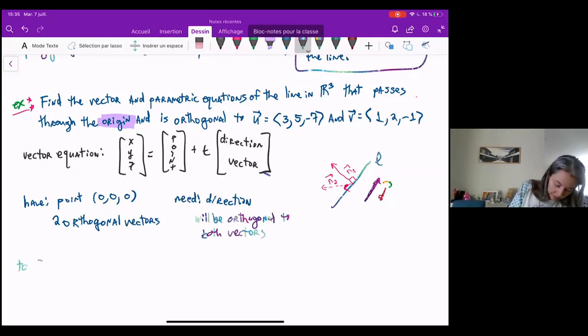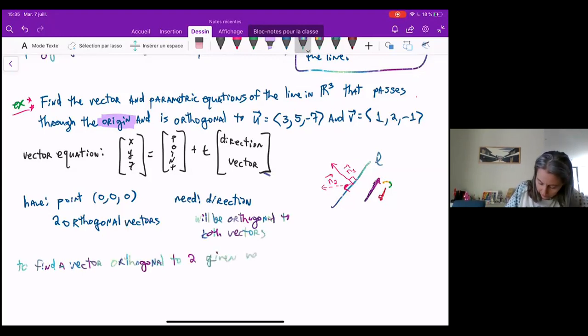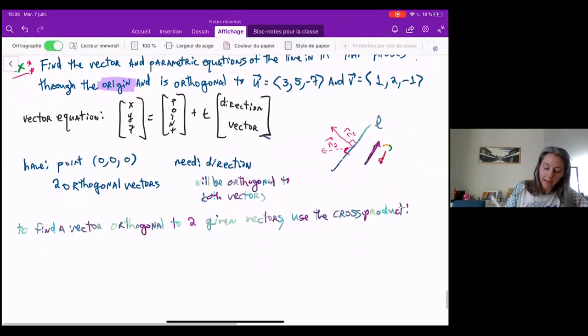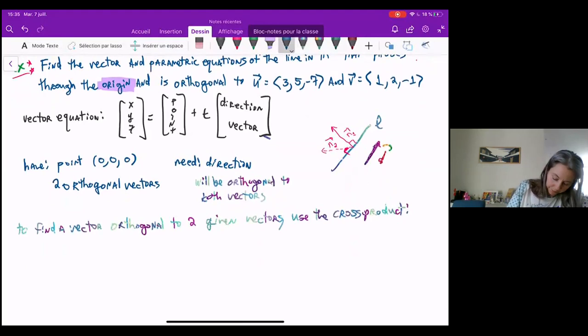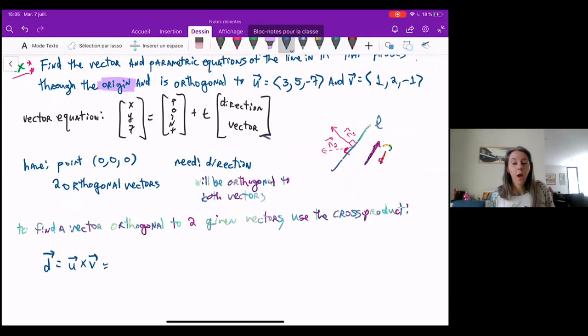So to find a vector orthogonal to two given vectors, use the cross product. In this case, my direction vector D will be equal to U cross V, which is, remember, we set up our little determinant with the stars at the top for our trick for how to calculate.